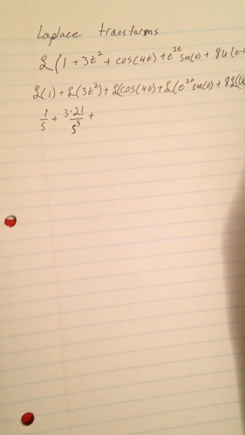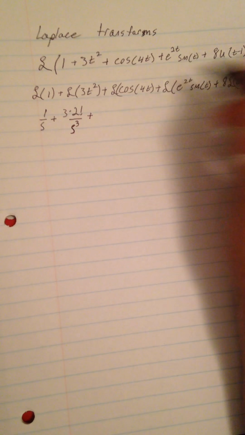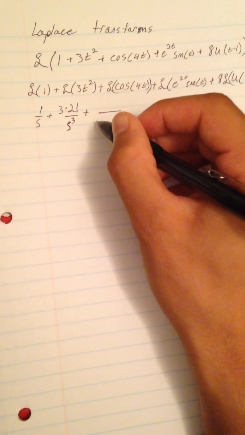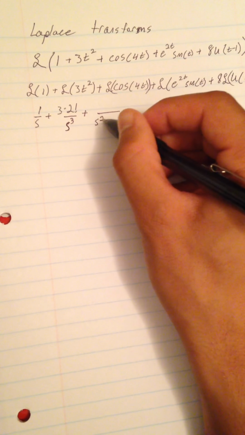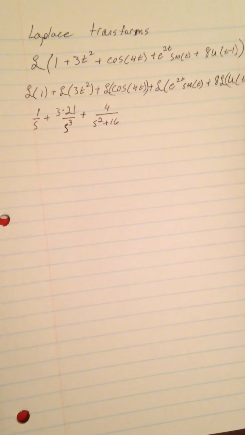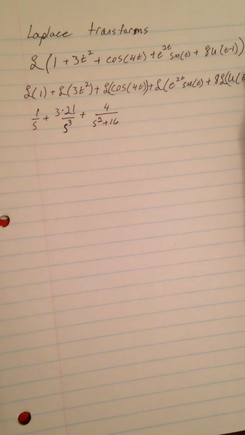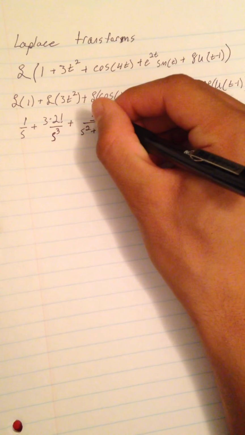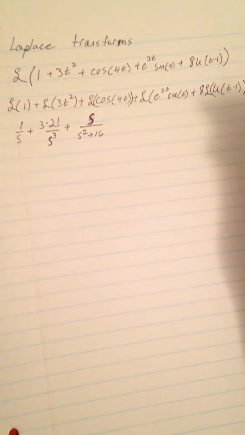Plus the Laplace of cosine, which is going to be s over s squared plus 16.